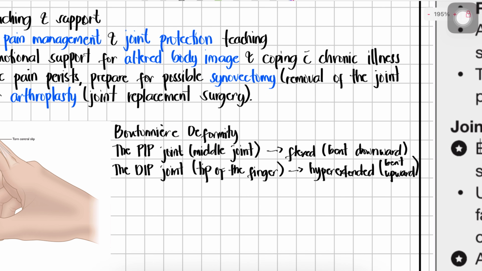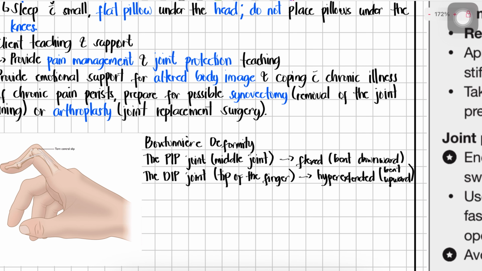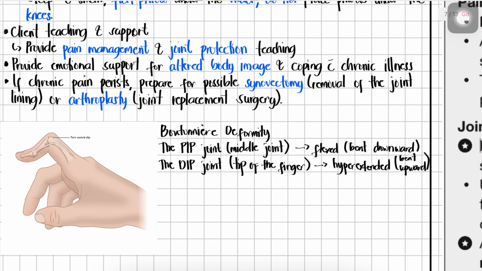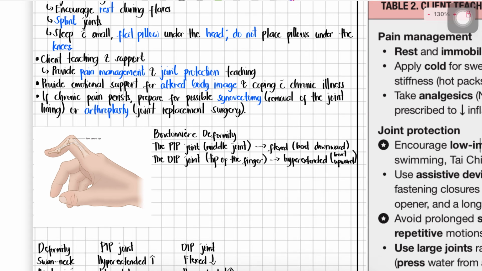Okay, sa boutonniere deformity, guys, ang makikita mo, the proximal interphalangeal joint ng patient natin, guys, is flexed or bent downward siya, as you can see in the visualization. This is the proximal, this is the distal, tama? So si proximal daw, guys, naka-bent downward siya. However, guys, yung distal interphalangeal joint ni patient is naka-hyperextend or naka-bent upward siya. Okay?